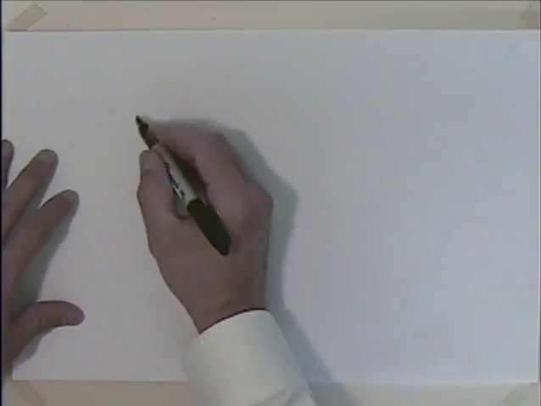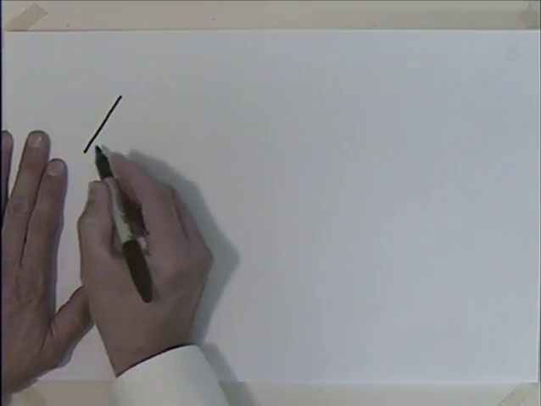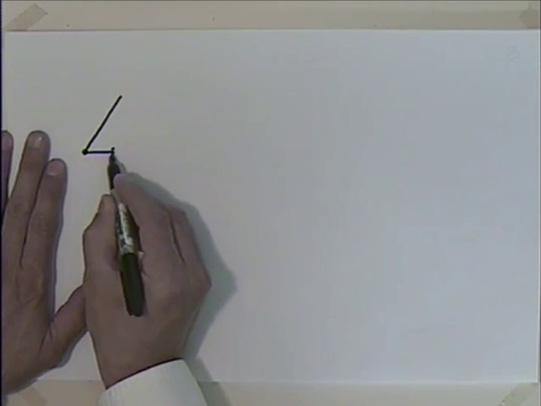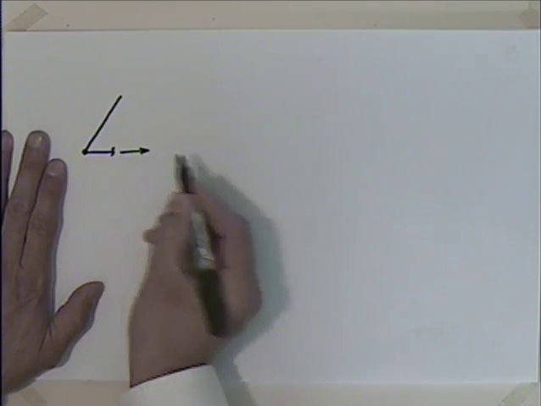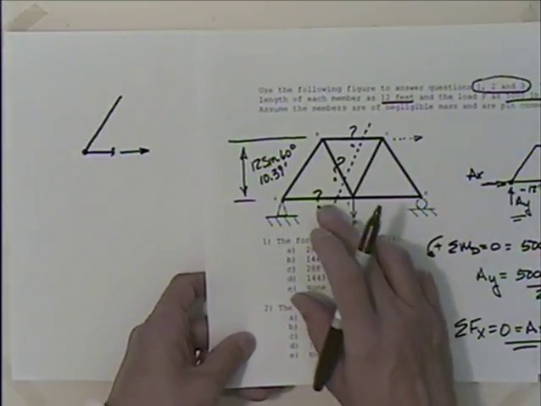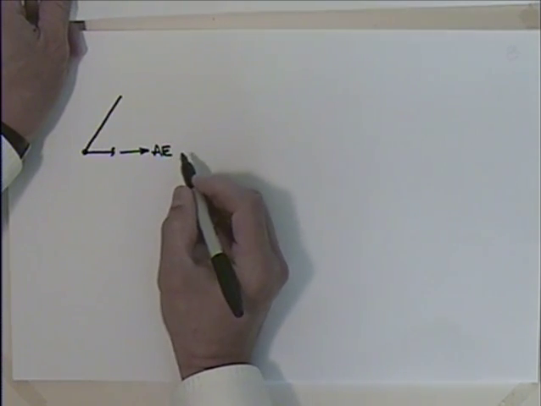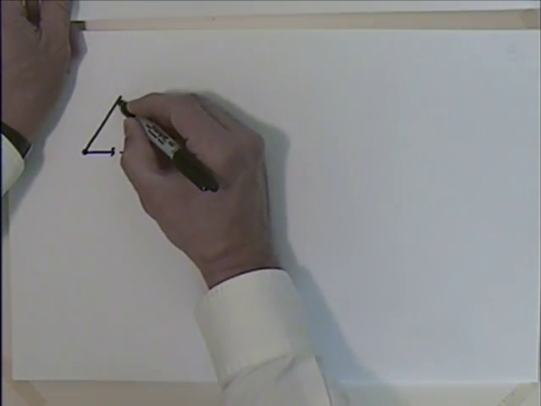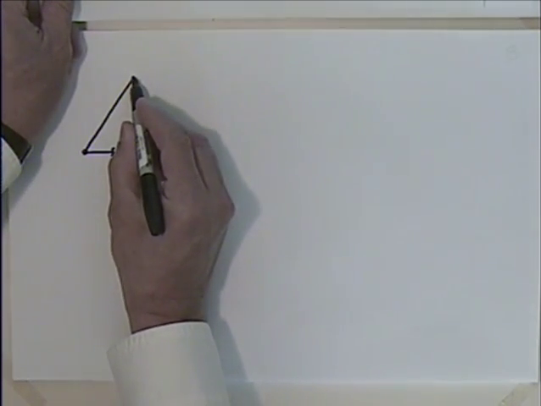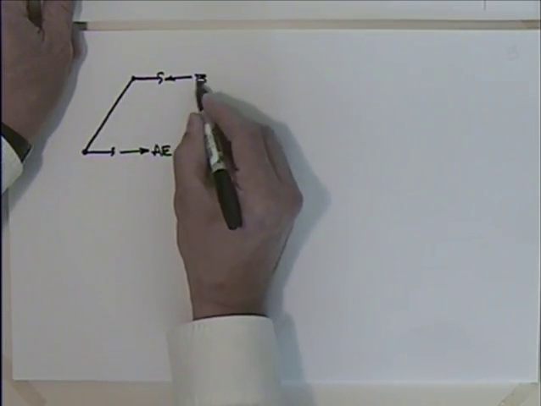And I'm going to build this section. So I have the point here A, and I'm going to assume that I have tension in the bottom, and looking at this picture, that's the AE. And up here, maybe I'll give myself a little more room, I'm going to say that this BC is in compression.